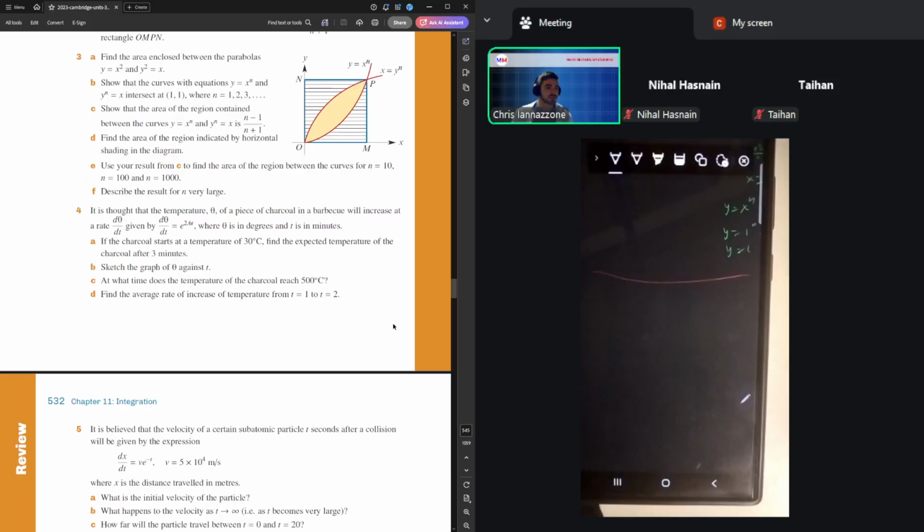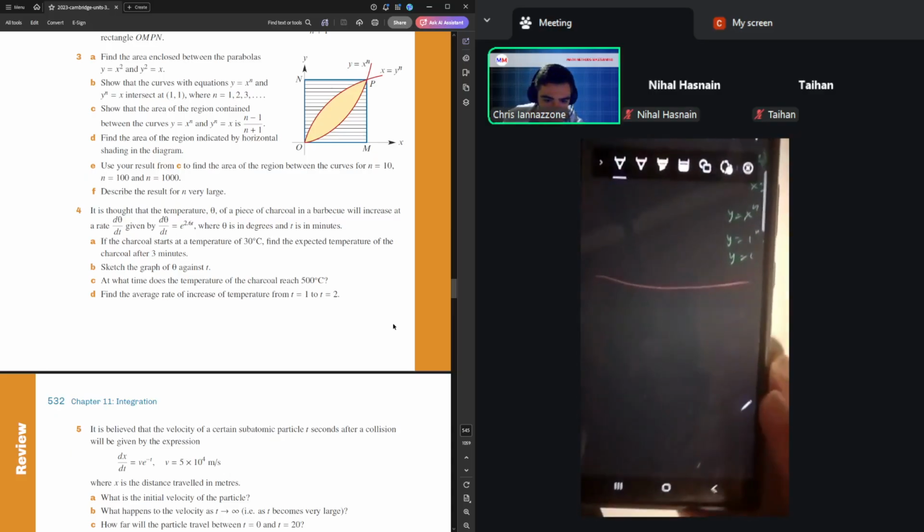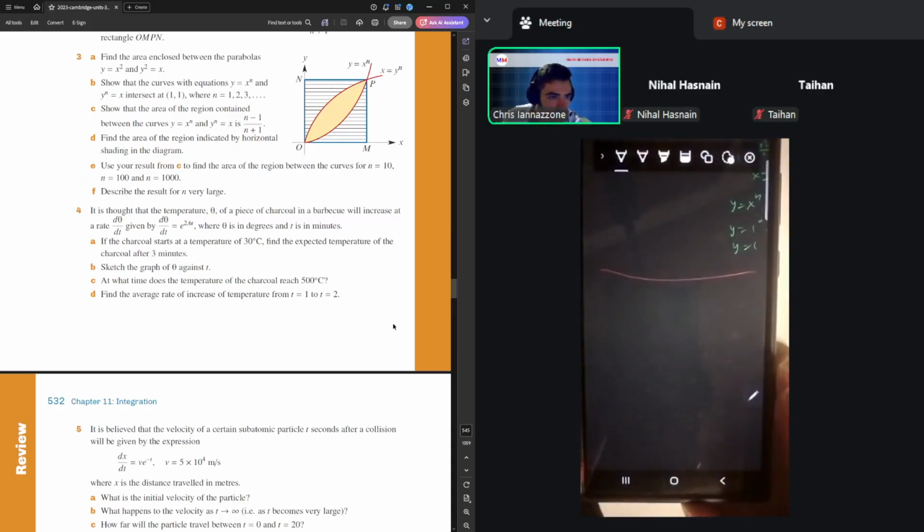Now, proving the area contained is equal to that. Still going to be top take bottom. And we're still going to use the simplification of the root itself rather than using the full relation.